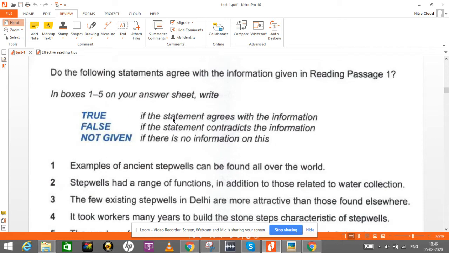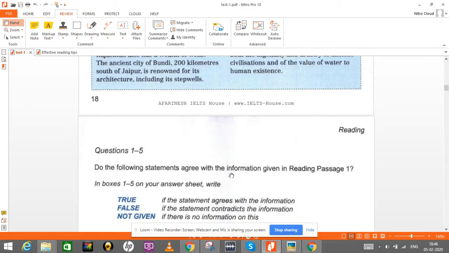If the statement agrees with the information, it is true. If it is contradictory, it is false. If you cannot find it, it is not given. So you just have to match the information with the given passage. You should not select your answer on the basis of assumptions.